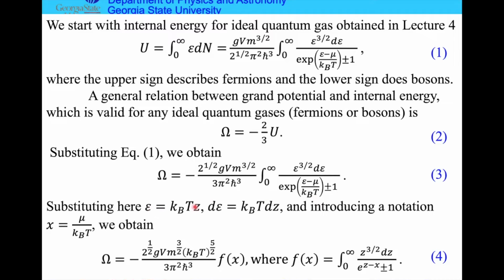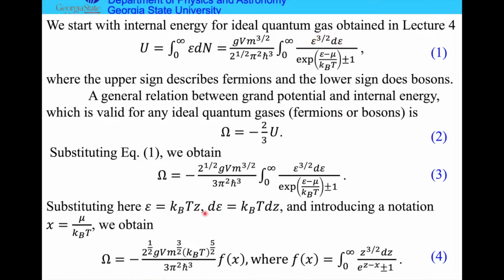So I will introduce a variable z related to energy: epsilon is equal to kBT z, correspondingly d epsilon is kBT dz. And I will introduce a notation x, which will be mu divided by kBT. Substituting, I will get this equation. The power of kBT will be 3/2 from here, 1/2 from here, and 1 from here.